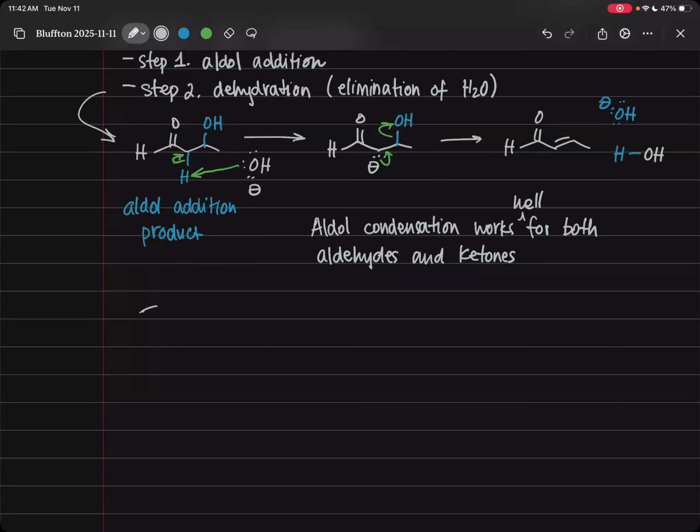So if we take acetophenone, a ketone, with sodium hydroxide, the aldol condensation product that we get is not that.